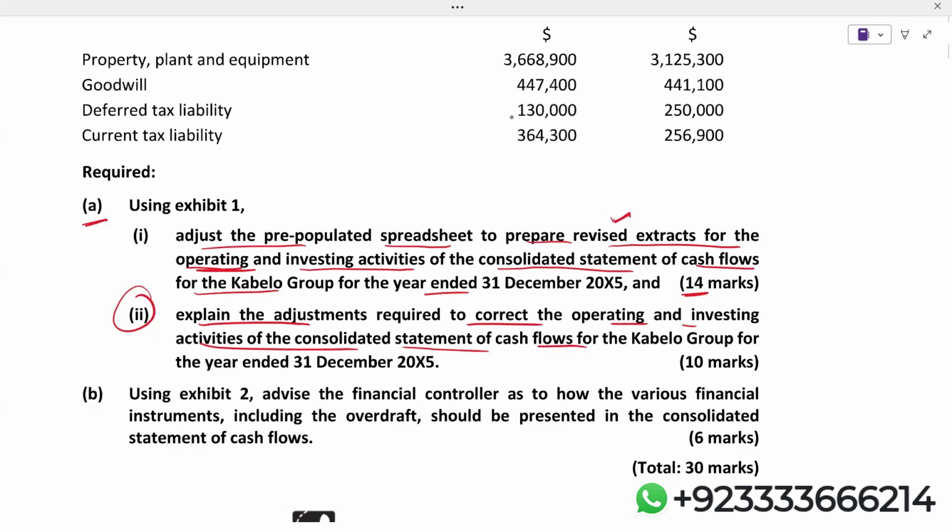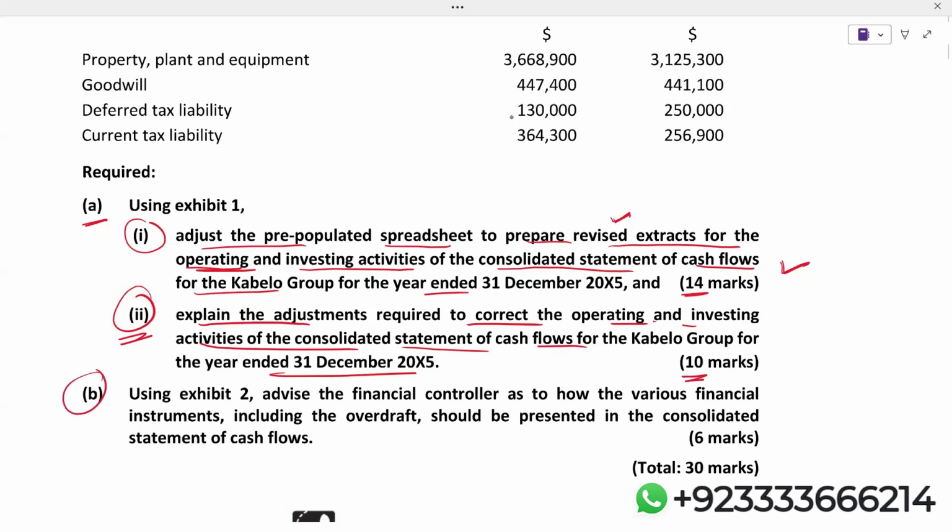So whatever adjustment we'll be doing in A1, you need to explain in A2. Explain the adjustment required to correct the operating and investing activities of the consolidated statement of cash flow for the Kabelo group for the year ended December X5, 10 marks. Obviously, whoever can attempt A1, can simply explain all those adjustments as well.